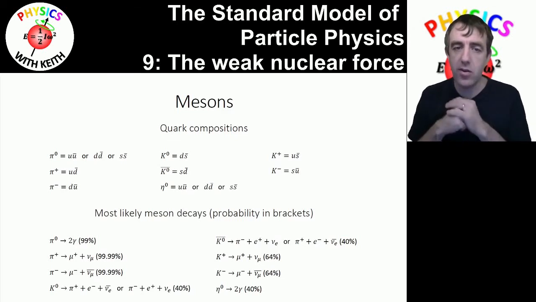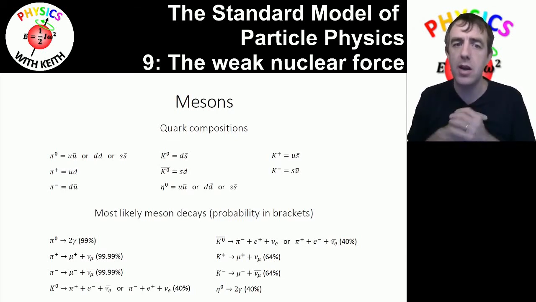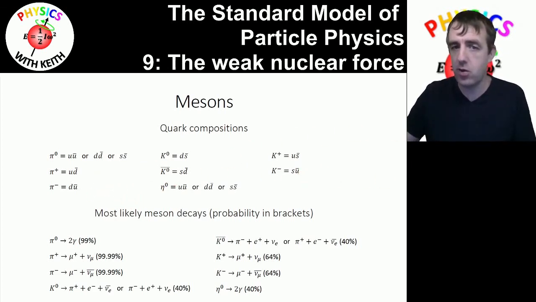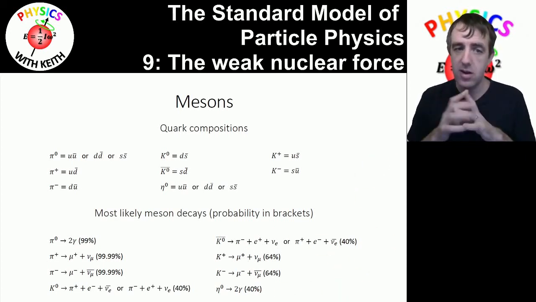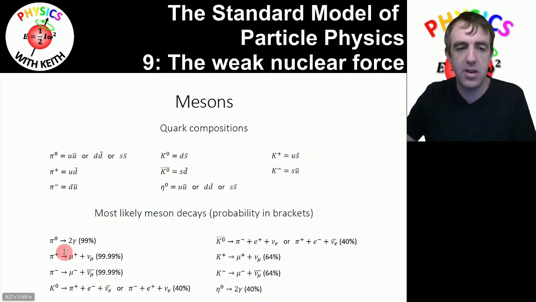There are fewer mesons to have to learn the quark composition of, but still the same principles apply. You could use logic and understanding of the symbols to figure out what the quark compositions are for mesons. And here I've got the most likely decays for these mesons, and you can see that some of them are very, very likely indeed. For example, the possibility that a positive pion would decay into an anti-muon plus a muon neutrino is almost 100%, but it's not the only possibility.